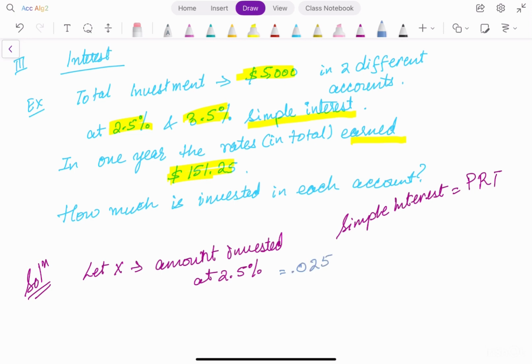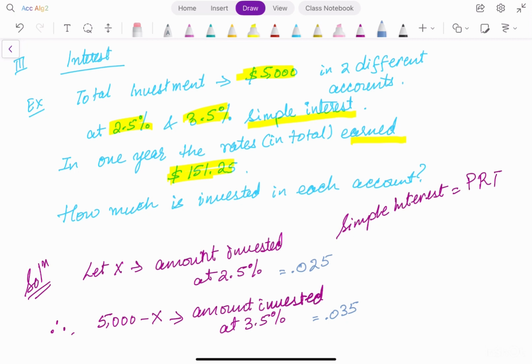So if X amount is invested at 2.5%, that implies the principal for the second account will be 5,000 minus X, because that is the leftover amount invested at 3.5% interest, or it can be written as 0.035.